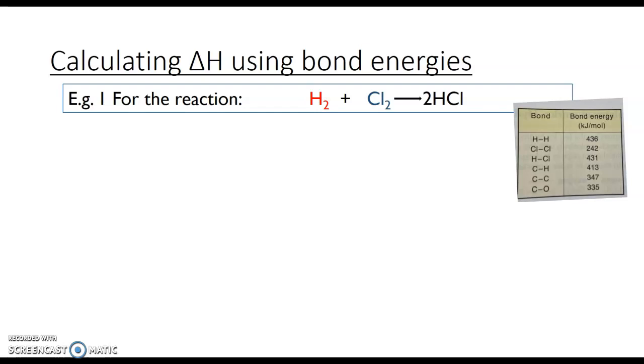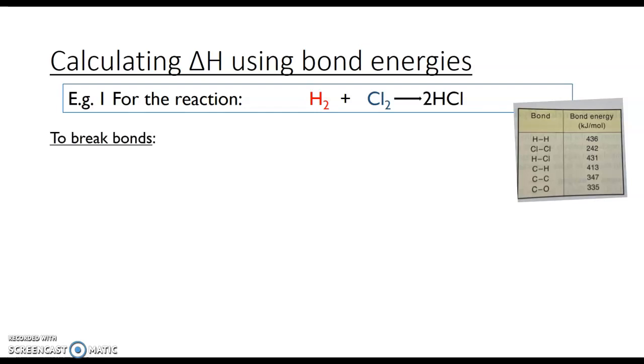So let's listen carefully. The information you're given is the balanced equation, and it's very important that it's a balanced equation, for the reaction between hydrogen and chlorine, forming the product hydrogen chloride. And you're also given a table with the specific bond energies. Right, so what do you have to do from here?